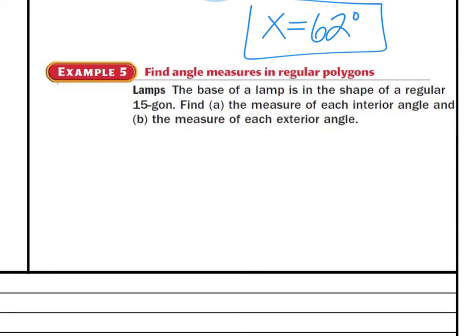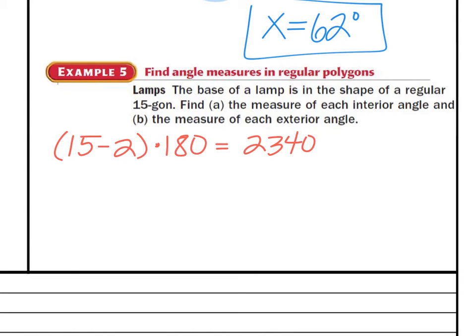You do 15 minus 2, multiply by 180. Look at your do now paper if you don't remember. It's how many degrees? 2,340, I believe. So the sum of the angles is this.